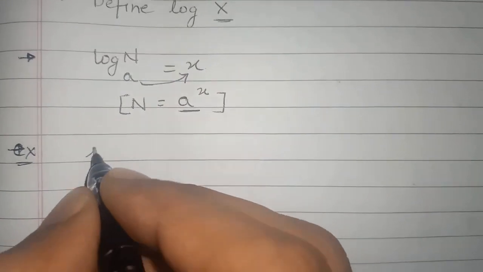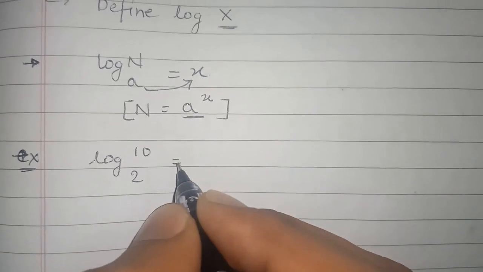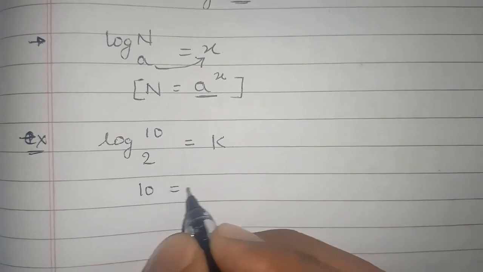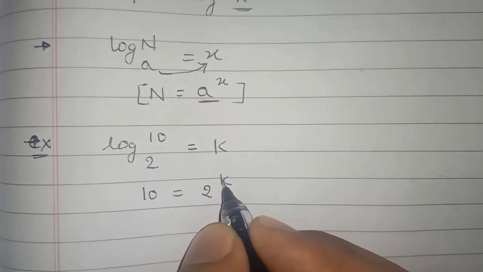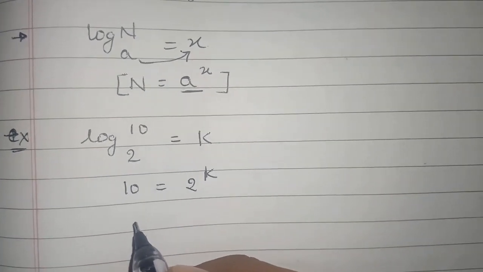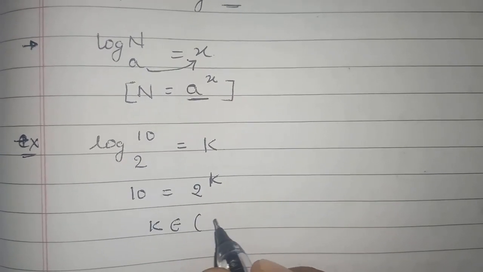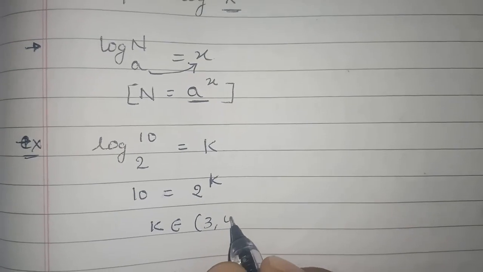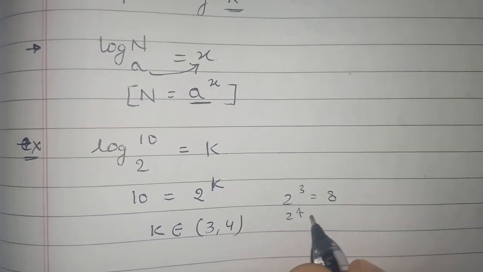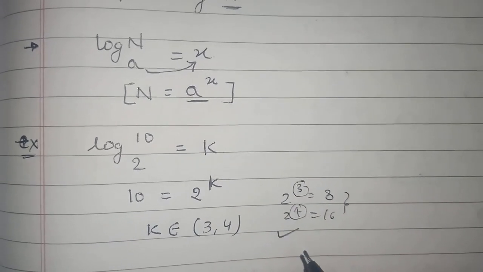For example, if log 10 to the base 2 is equal to k, then 10 is equal to 2 to the power k, and k must lie between 3 and 4, because 2 to the power 3 is 8 and 2 to the power 4 is 16.